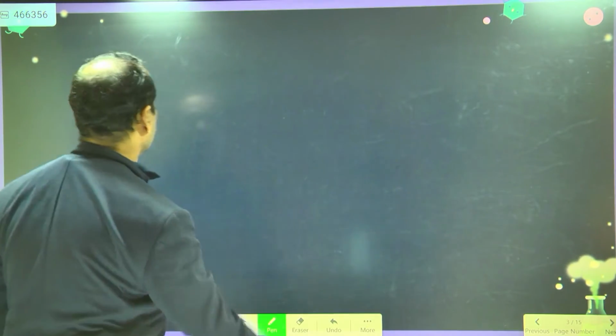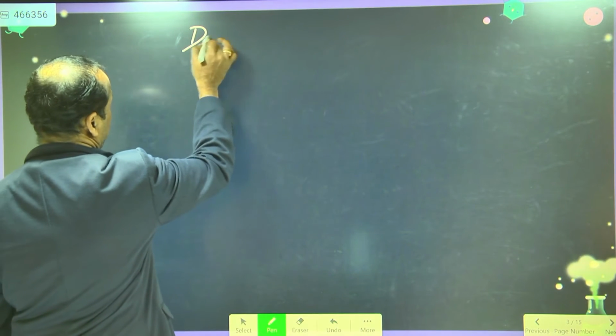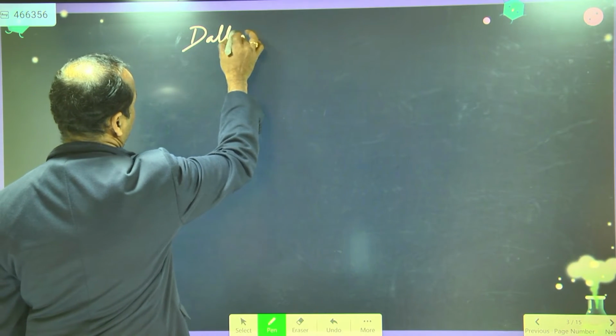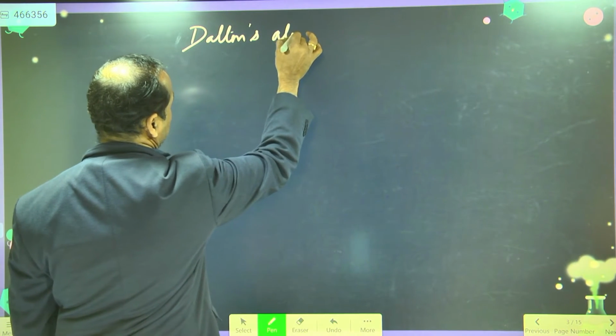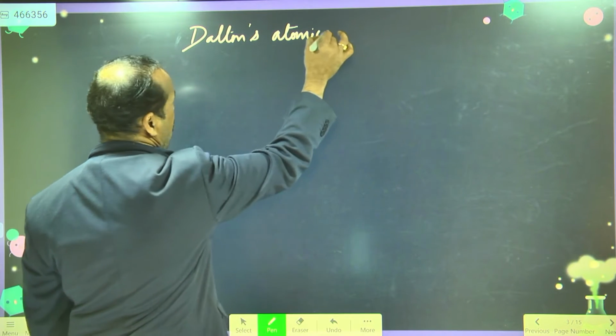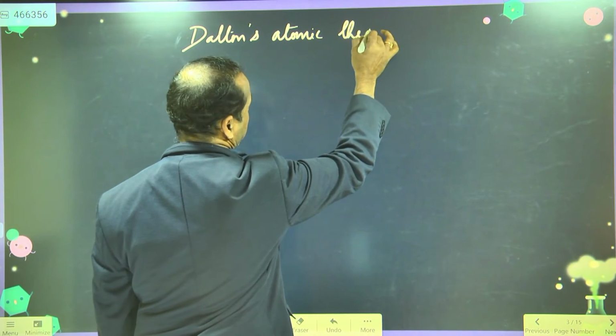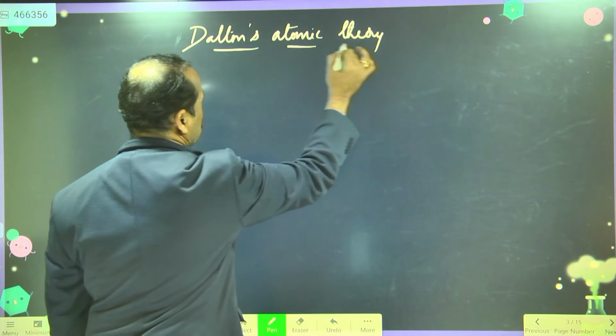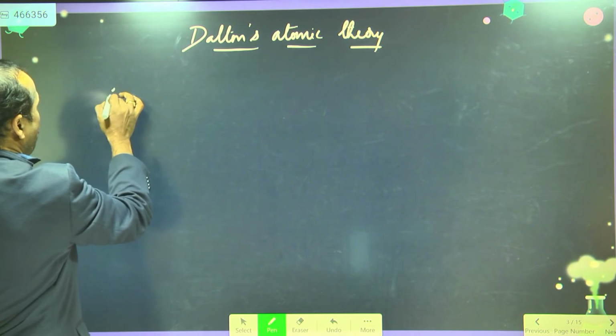So what is this atomic theory? Dalton's atomic theory states this. Now see the first point.